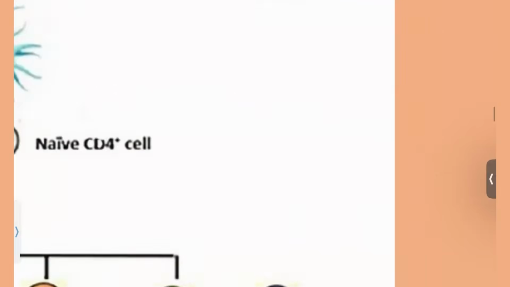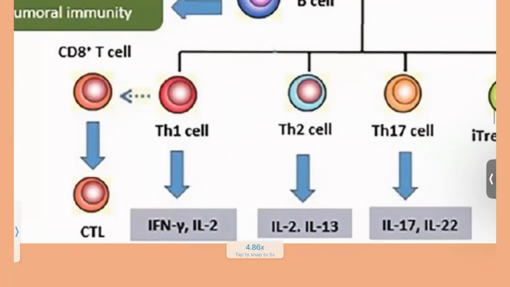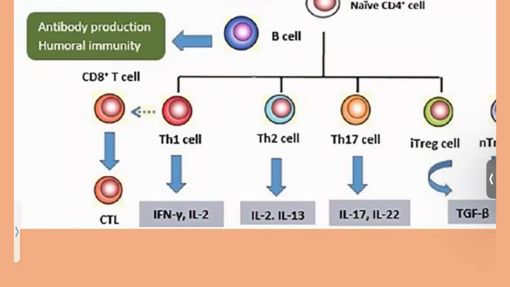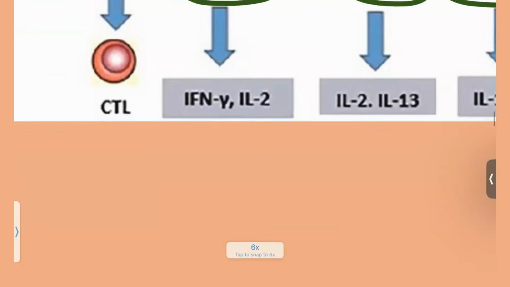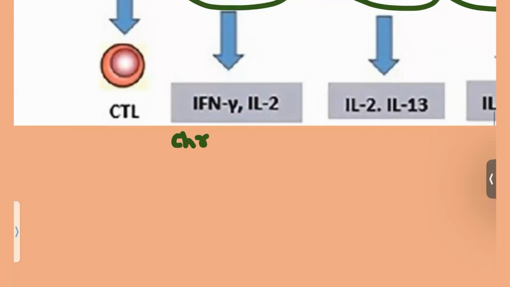Let's see here. The T helper cells are of three types: TH1, TH2, TH17. TH1 cells are mostly chronic.